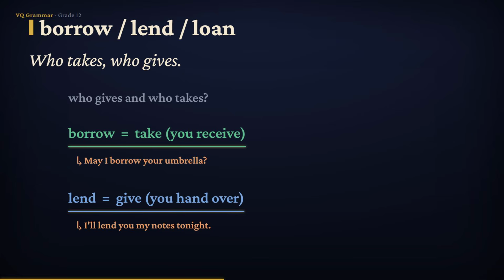So the borrower takes and the lender gives. What about loan? In careful writing, loan works best as a noun, the thing itself. The bank approved the loan. When you need the action, use lend, not loan. Borrow to take, lend to give, and save loan for the noun.